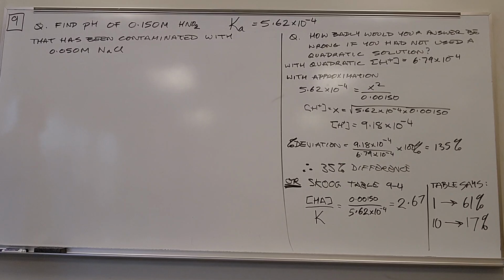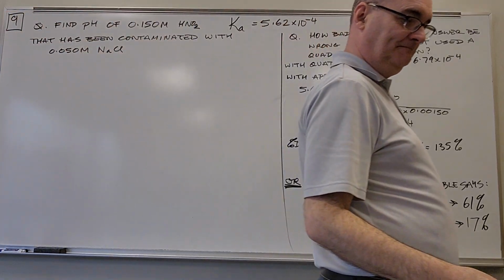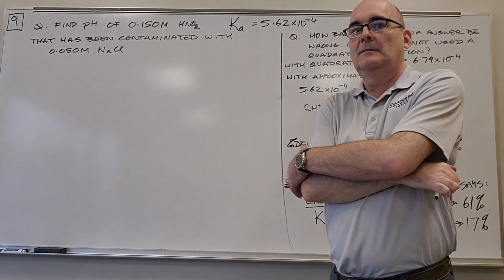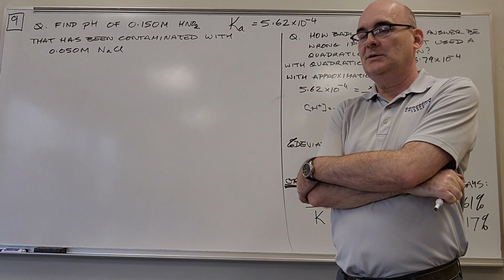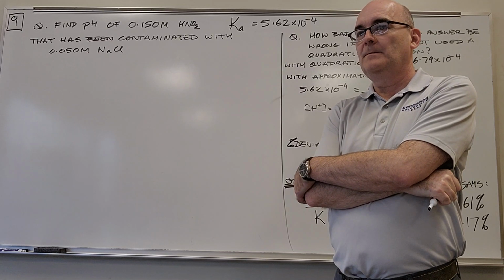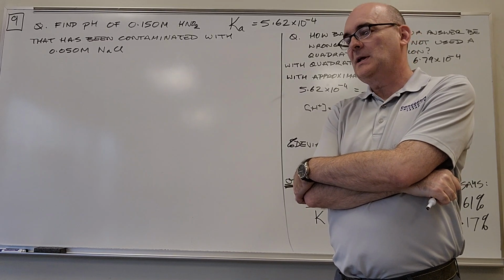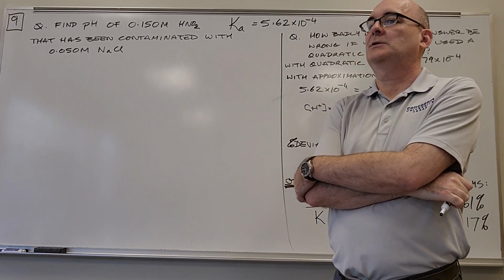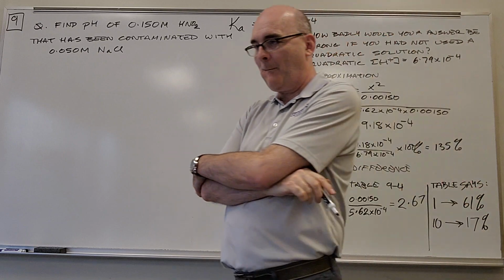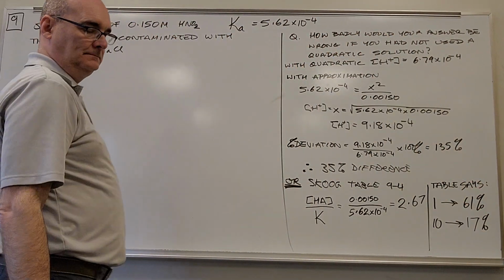So perhaps it was added as a solid, and the volume of the granules of the solid was insignificant in changing the volume. Okay. Where are you going to start? Activities. How do you get to activity? Because the solution is contaminated. But you need something before you can get to activity. You need ionic strength. Go do the ionic strength. What is that? Concentration times charge?